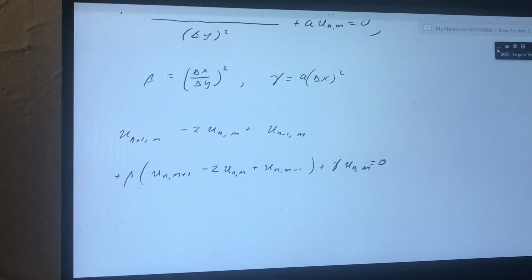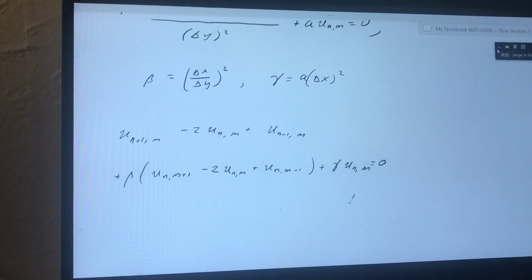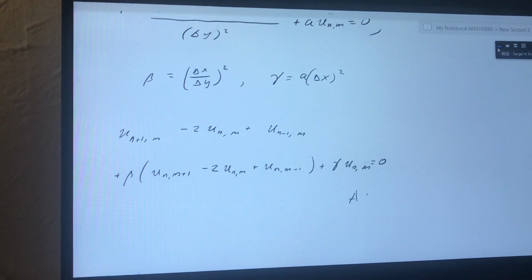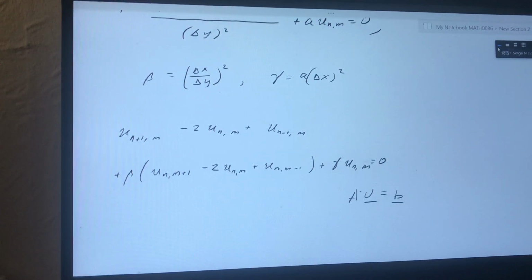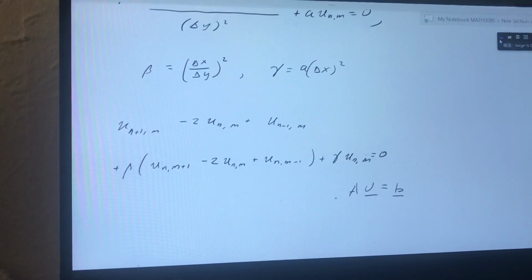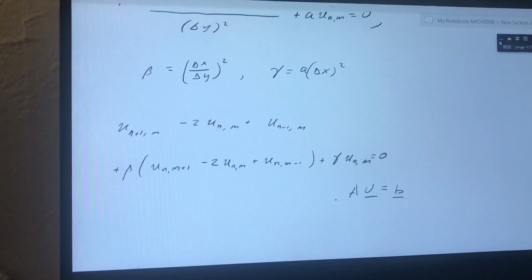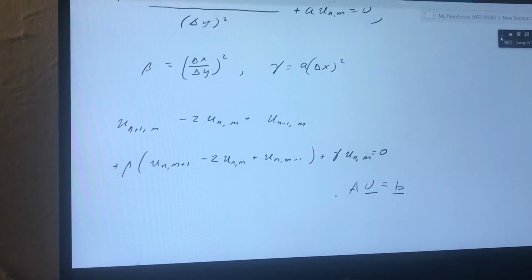As you recognize a system of linear homogeneous equations, you can always rewrite this system as some matrix times u equals some vector of the right-hand side. You need to create a vector of the unknowns, capital U, putting all these values u_n,m into a single column. Then once you've done that, you just press the button A to the minus 1, the inverse, and you get the answer.